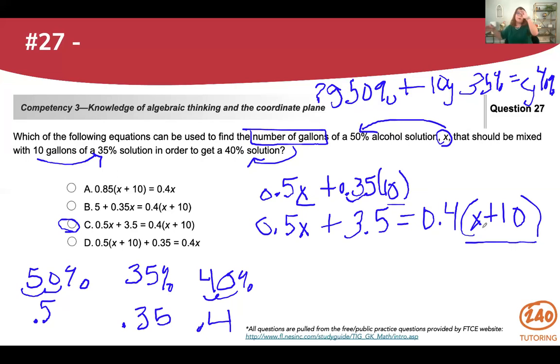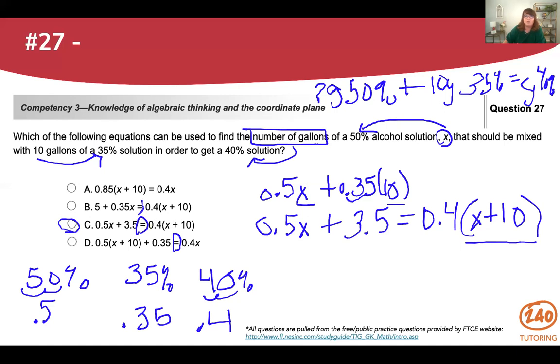Okay. Now, another way to solve this: if you were just like, lady, I don't know what you just said, you totally lost me. Well, one, try rewinding and listening again, because I had to think it through a couple of times. Another strategy would be to pick an easy number to work with, like 5 or 10, and plug it in for X and see which one gives you something equal on both sides of these equations.